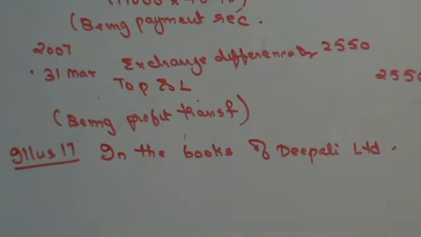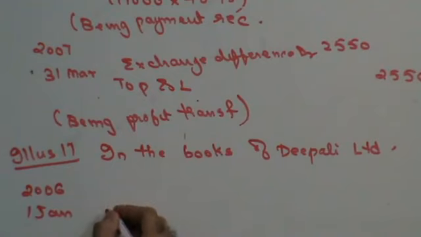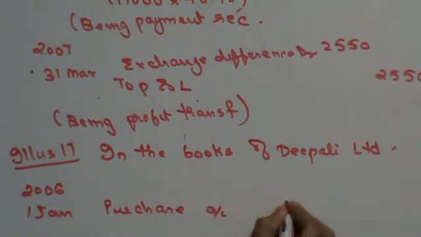On 1st Jan 2006, Deepali, an importer, purchased 42,500 worth goods from Tom Trading of USA. On 1st Jan, purchase, debit what comes in, you purchase what goods, right? Purchase goods, so purchase account debit to Tom Trading.